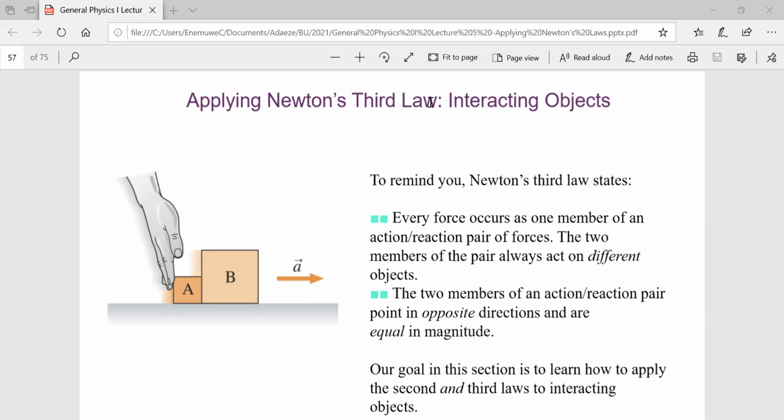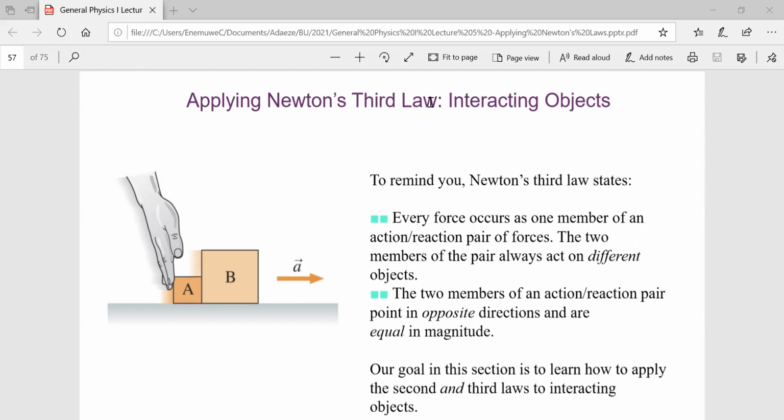Whatever force you apply on A have an influence or affects B, okay? And when these two objects are interacting, they tend to move with the same acceleration. All right, so these are just the emphasis of Newton's third law, and this will be what will guide us to solving physical problems as it applies to interacting objects.